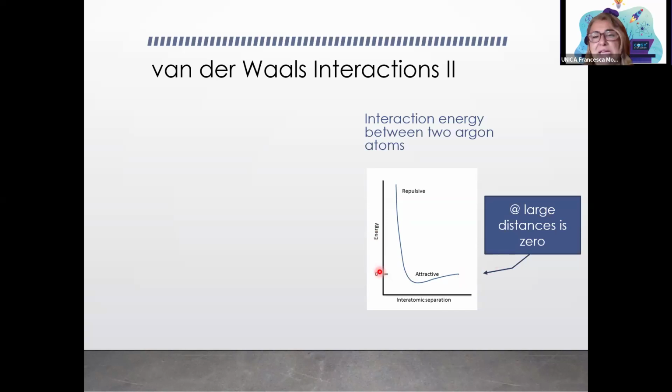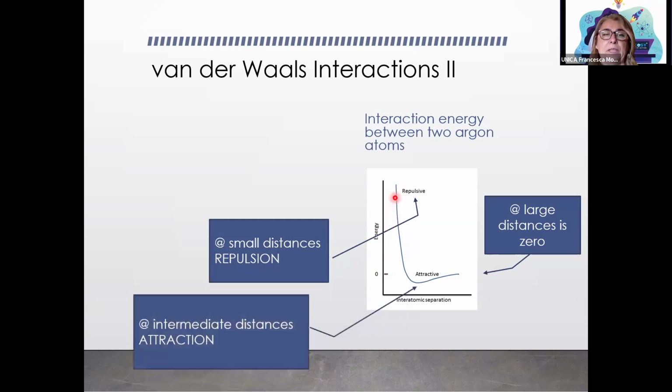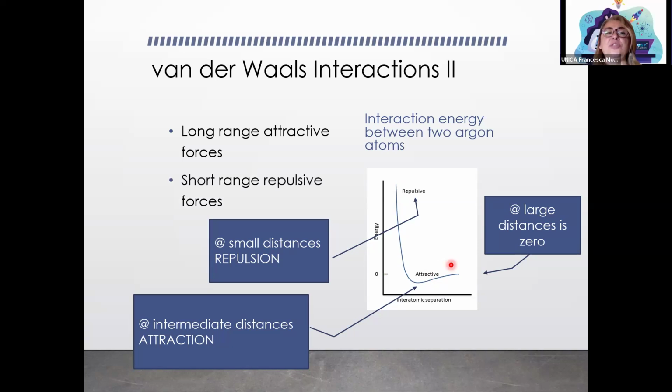They do not interact. At small distances, we have repulsion. At intermediate distances, we have attraction. So we have long-range attractive forces and short-range repulsive forces.